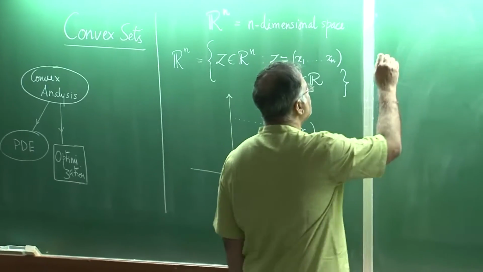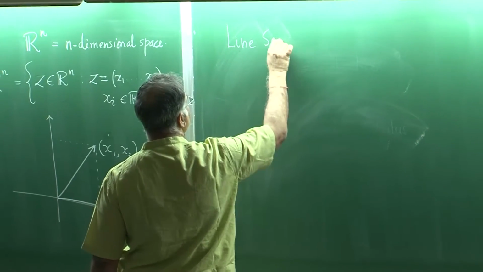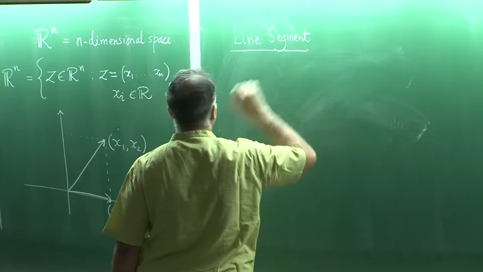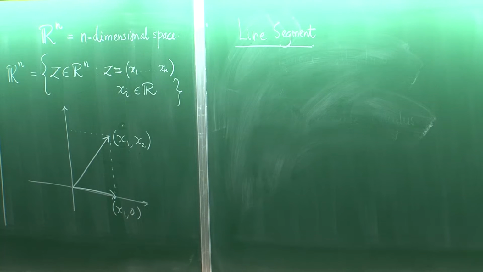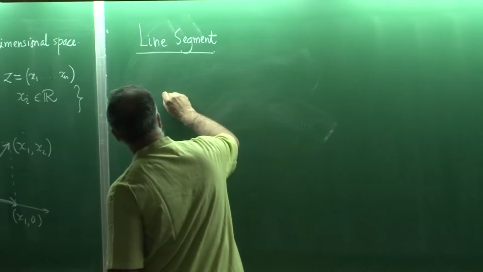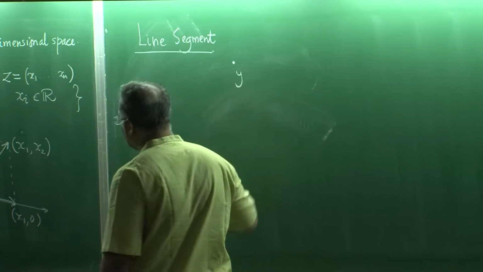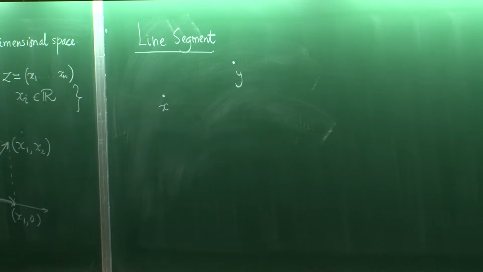So, we will start with the concept of line segment. I have 2 points in Rn. Everything I am talking about in Rn, I am drawing on R2, because my vision is limited to R2 and R3.